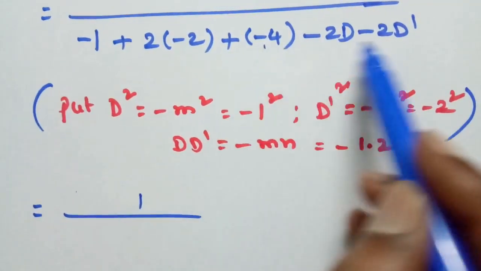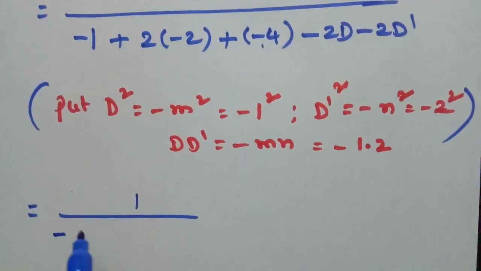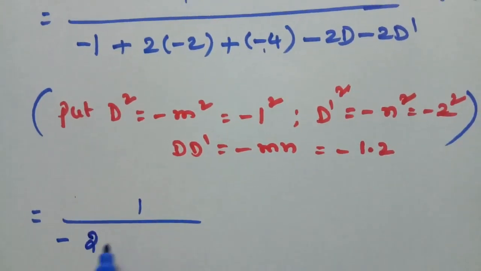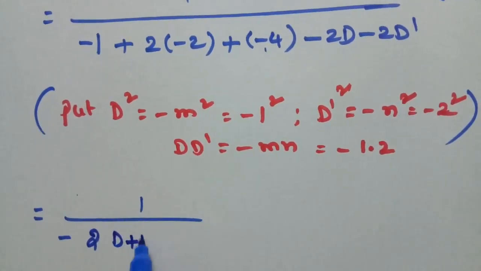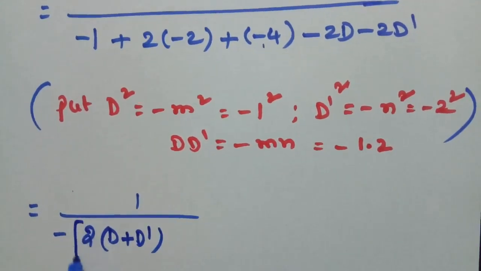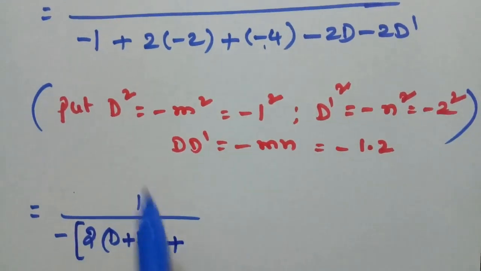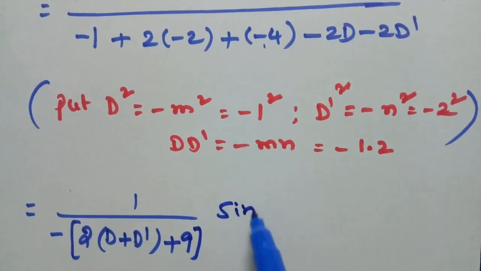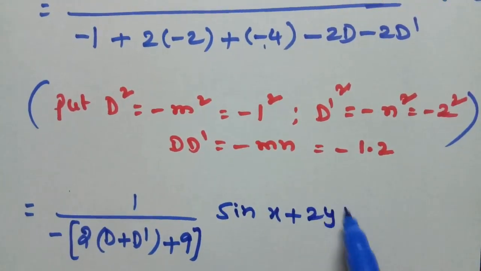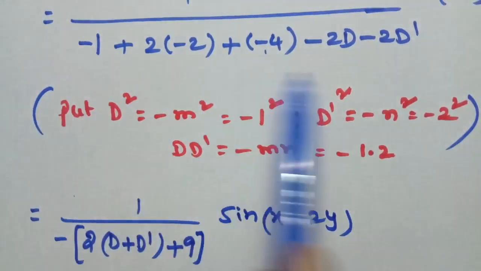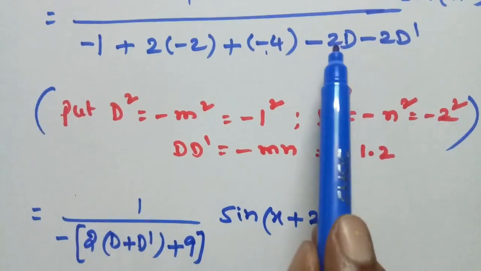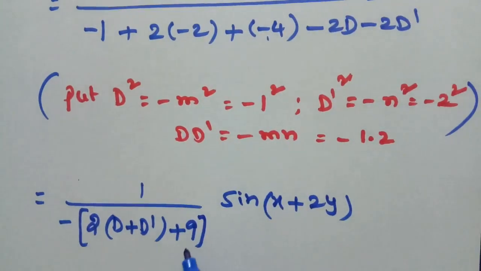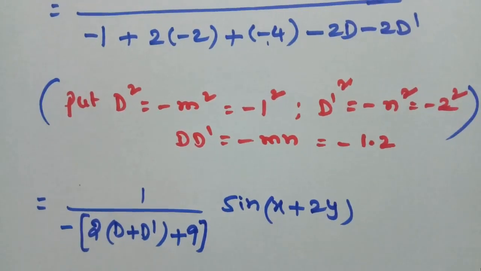Throughout, minus is a common factor, and here 2 is a common factor: −2 into (D + D') and +9, into sin(x + 2y). Here we have taken minus as a common factor, and here 2 is a common factor, 2 into (D + D'). This is −9, therefore this becomes +9.